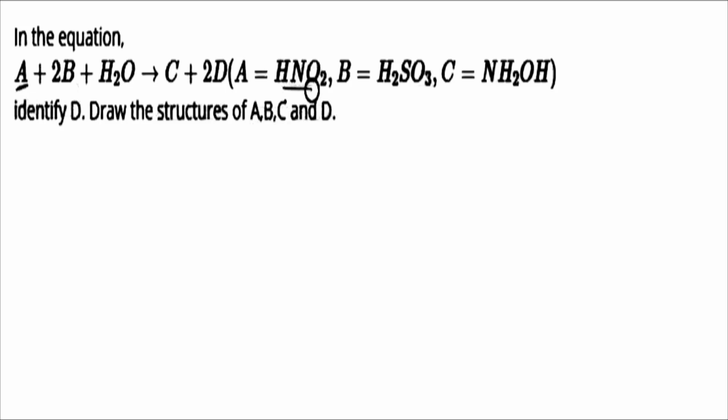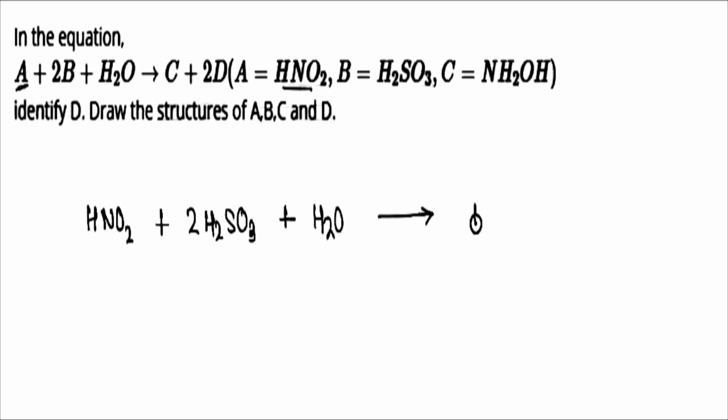First of all, A is your HNO2. So I'll write the equation first: HNO2 plus 2B. What is B? It is sulfurous acid, H2SO3, plus water, which reacts to give hydroxylamine and 2 moles of sulfuric acid.